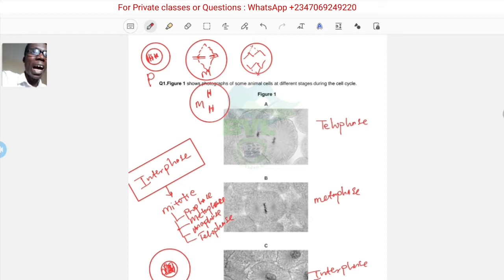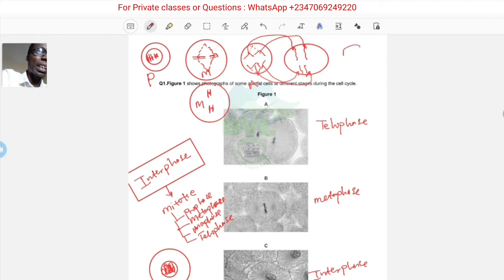So this is anaphase. That means the chromatids are being pulled to the opposite poles. Then here is the telophase, which means that the chromatids have arrived like that. So this is this, and this is this. Hope you're getting it. So that is telophase.